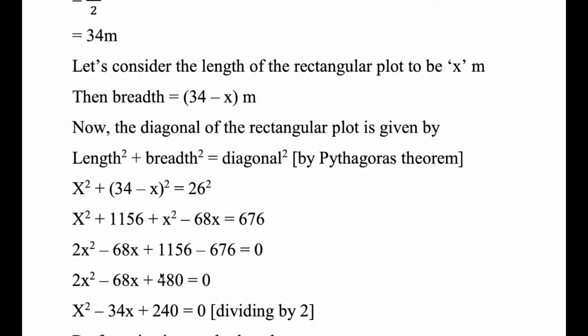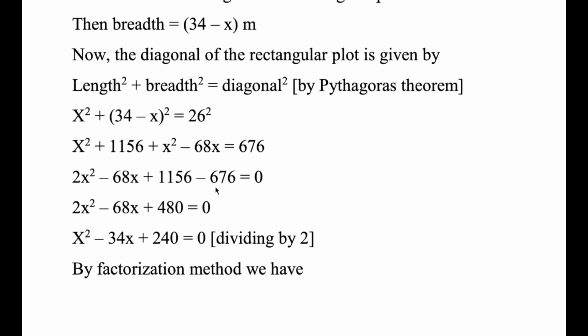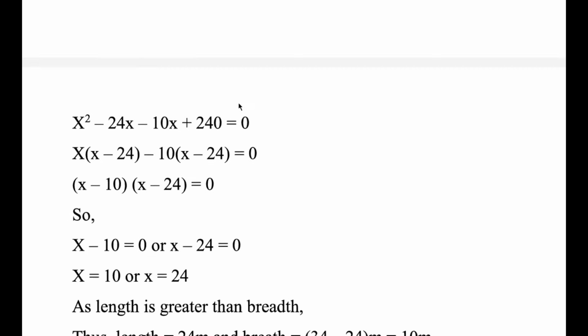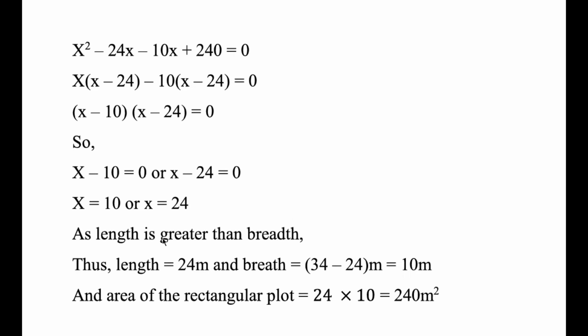So put the values. After that little bit simplification. After that divided by 2 just to reduce the burden on the equation. After that factorization method. As you know, each and every sum are these types. So x minus 10 into x minus 24 is equal to 0.